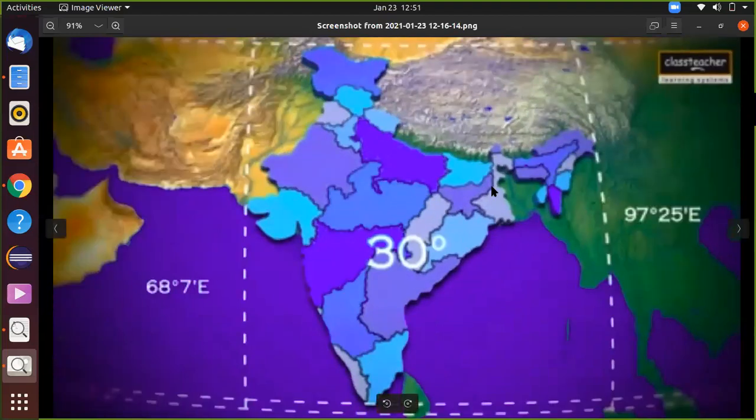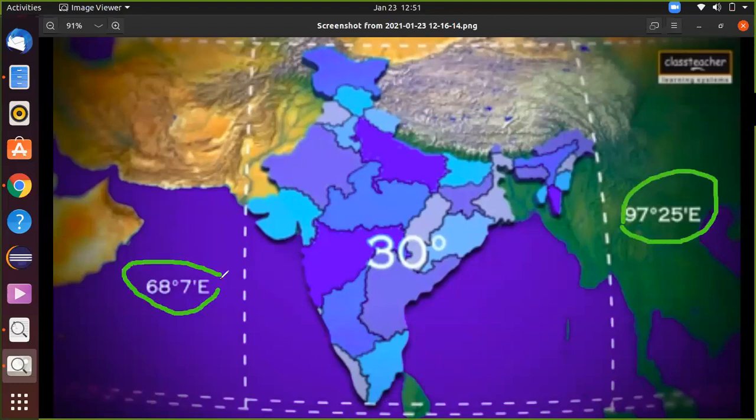If you calculate the difference between this 97 and this 68, it is almost a 30-degree difference. So 1 degree is equal to 4 minutes.